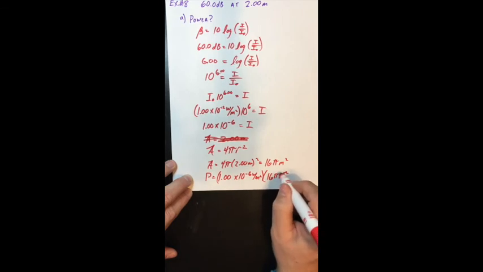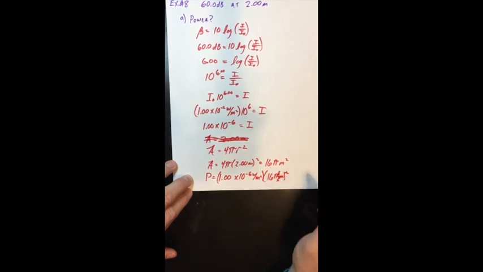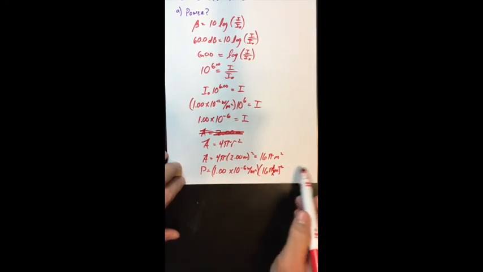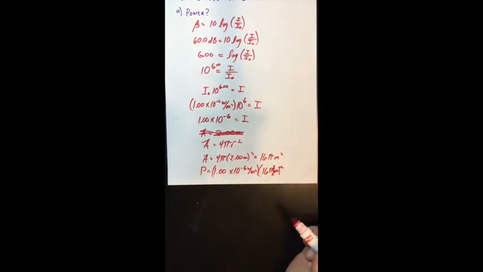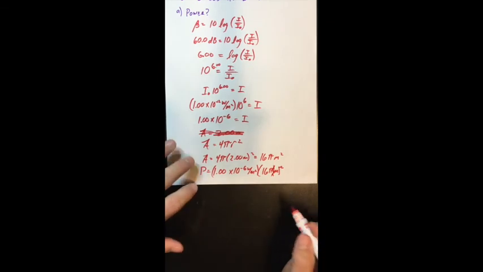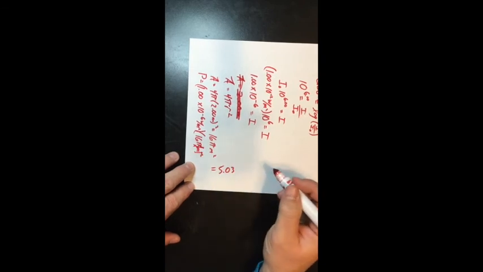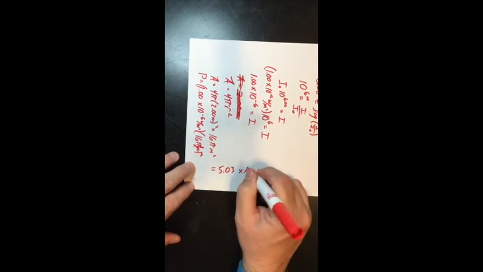So when we multiply this together, we get, what do we get? 5.03 times 10 to the negative 5th watts. Okay, so that's the power with which this person is speaking.